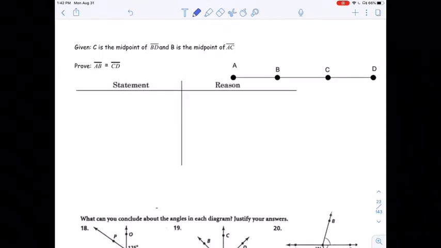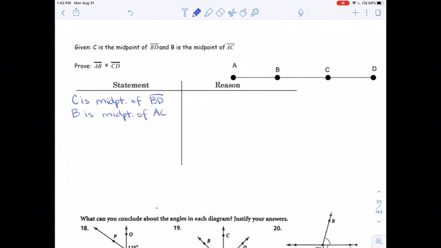All right, so we are given that C is the midpoint of BD and B is the midpoint of AC. So C is the midpoint of BD, and B is the midpoint of AC.